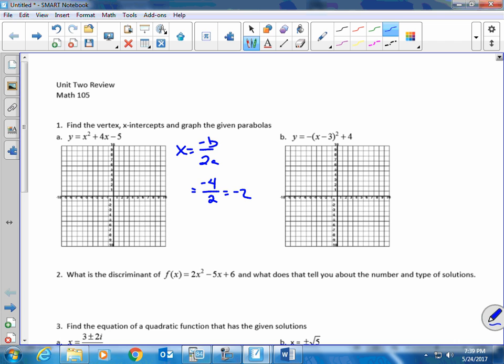I plug it in. So y equals negative 2 squared plus 4 times negative 2 minus 5. Negative 2 squared is 4, minus 8, minus 5 gives me negative 9. The y-coordinate is negative 9. The x-coordinate is negative 2.